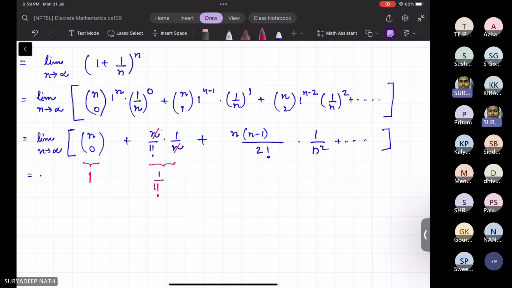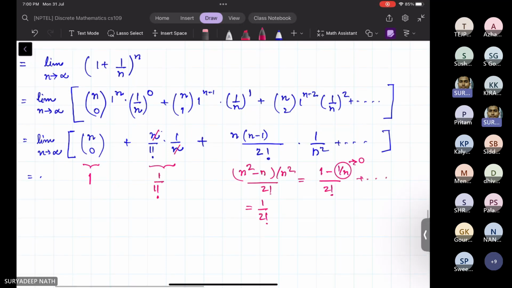If we look at this term, it is basically n square minus n over n square by 2 factorial, so that is 1 minus 1 over n, by 2 factorial, and so on. Now, if n is very large, 1 over n tends to 0, so it's basically 1 over 2 factorial.